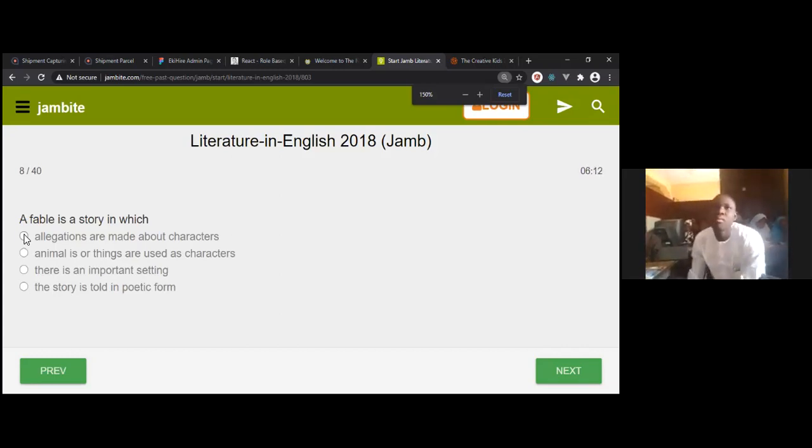A fable is a story in which A. Allegations are made about characters. B. Animals or things are used as characters. C. There is an important setting. D. The story is told in poetic form.